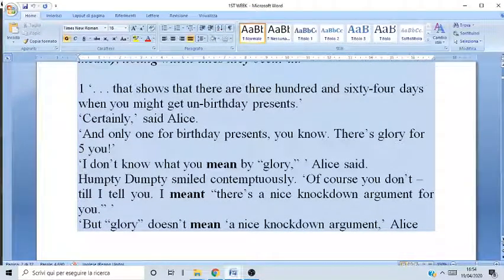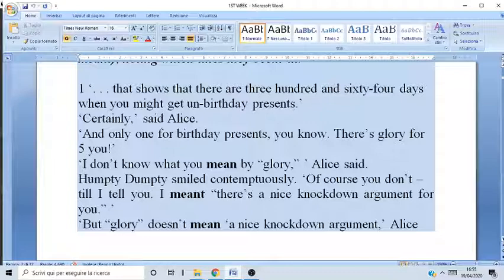That shows that there are 364 days when you might get unbirthday presents. Certainly, said Alice. And only one for birthday presents, you know. There's Glory for you. I don't know what you mean by glory, Alice said. Humpty Dumpty smiled contemptuously. Of course you don't, till I tell you. I meant, there's a nice knockdown argument for you.